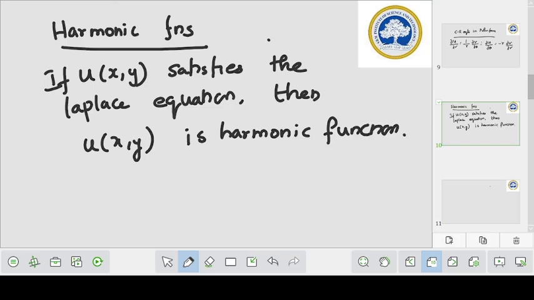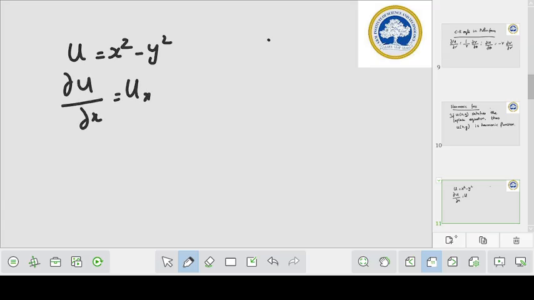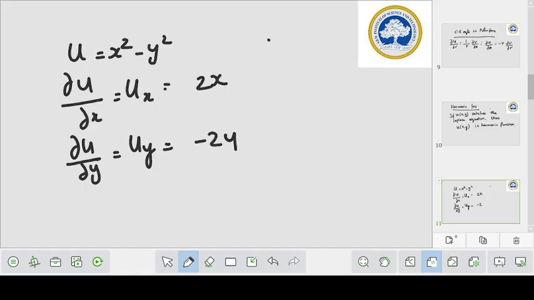So let us see one example, how to check whether the given function is harmonic or not. Let us take u equal to x squared minus y squared, where u is a function of x comma y. Dou u by dou x, that is ux: when you partially differentiate with respect to x, you keep y as a constant, so it is 2x, and y squared becomes 0. Dou u by dou y, that is uy, is minus 2y. And what is u double x?